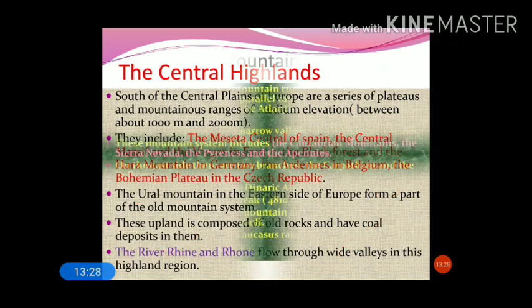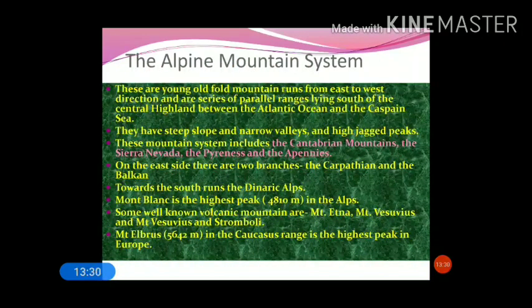Now moving to the next one, that is the Alpine mountain system, and this is the last physiographic division of Europe. So the Alpine mountain systems are the young fold mountains. As I already mentioned, most of the mountain systems in Europe are old. They are not recently formed ones.